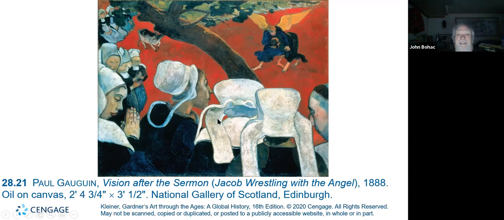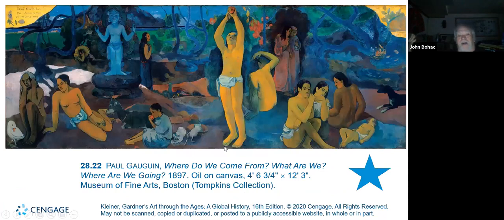And one of the things that happened with Gauguin was that he thought colors had symbolic significance and emotional significance. And so he used a lot of colors that were not natural. It wasn't naturalistic color. It was oftentimes symbolic color.